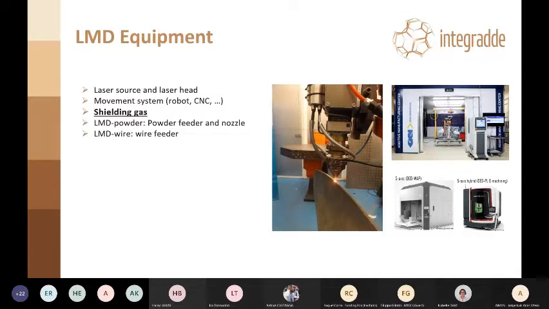Also, you need shielding gas that you can provide with the laser head here. That could be injected by the same laser head.